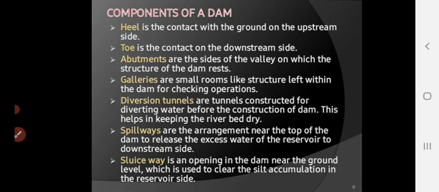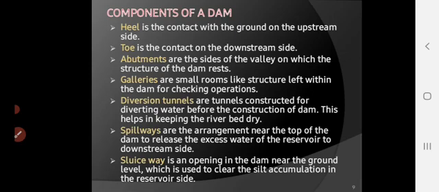Abutments are the sides of the valley on which the structure of the dam rests. So for protection, the sides or the banks of the river section are confined with abutments. Galleries are small room-like structures left within the dam for checking operations like seepage, electrification, etc.